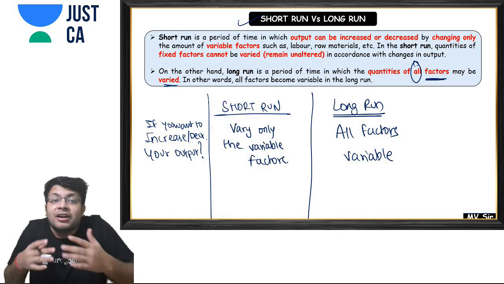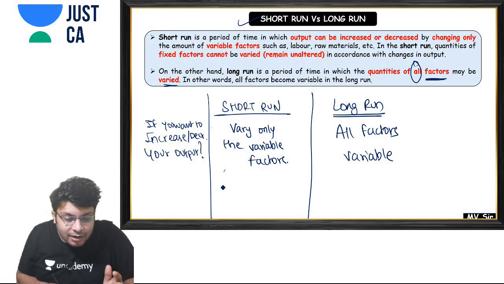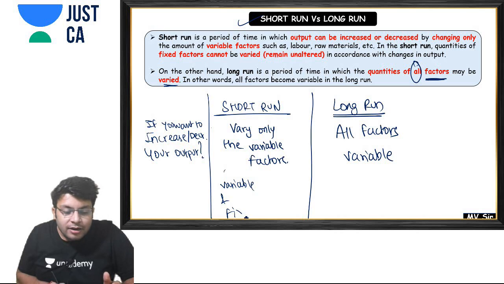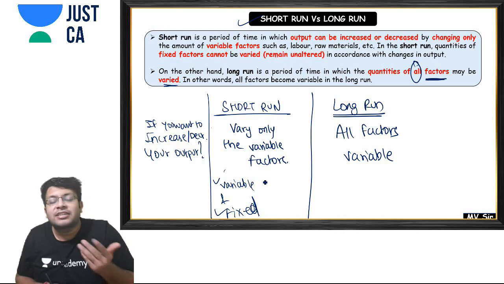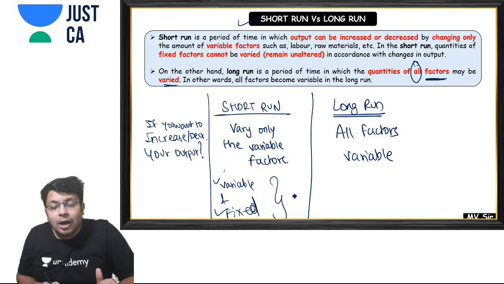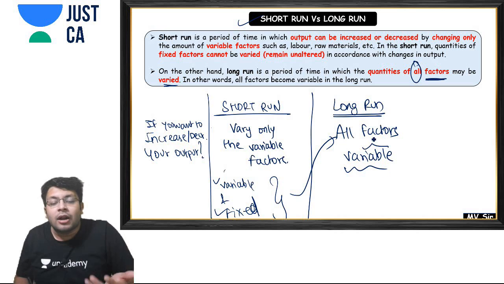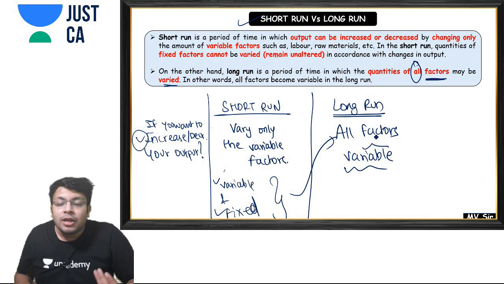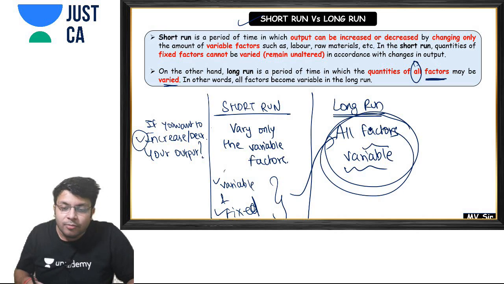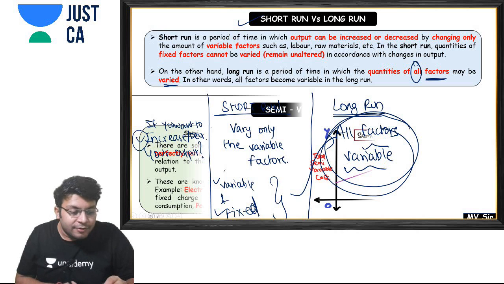In the short run itself, I can have a distinction between variable factor and fixed factor, but in the long run all inputs become variable, and in order to increase or decrease our output, you can vary all the factors of production. This is the main difference between short run and long run.